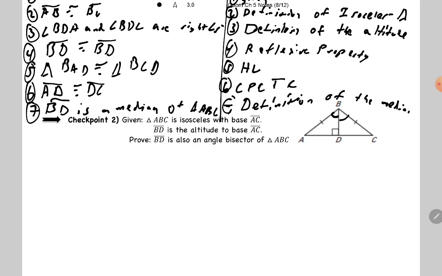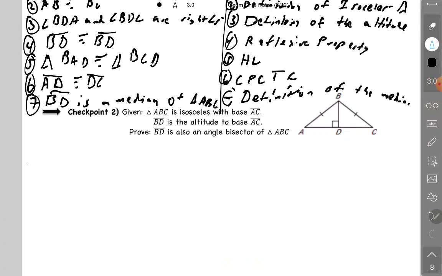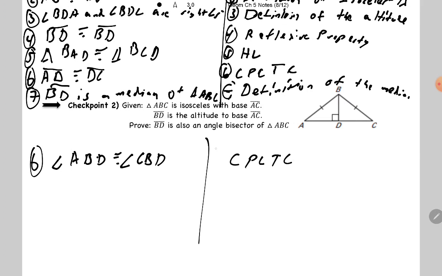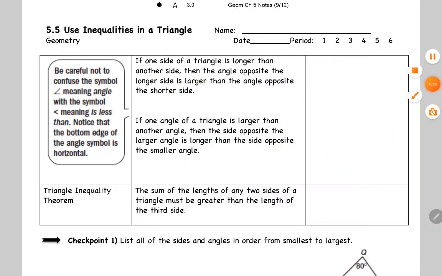And once you show that, then you've shown it's an angle bisector. So same exact proof, just at the end. Starting at step 6, you would say angle ABD is congruent to angle CBD by CPCTC. And then 7, you would show that it's an angle bisector because it splits the angle in half. And that's that. Have a good day.